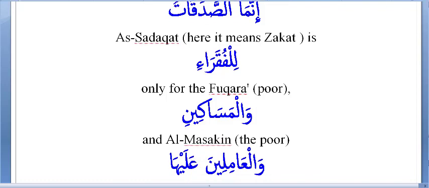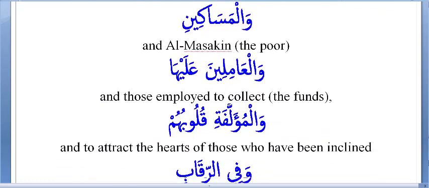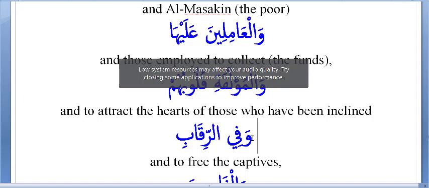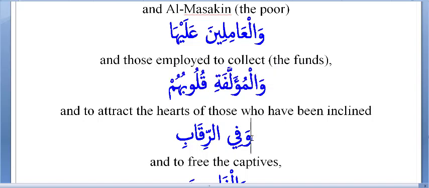والعاملين عليها, those who work to collect the zakah. والمؤلفة قلوبهم, those who are inclined to be Muslim or new Muslims, you pay for them. When he sees Muslims giving him money, he will like Islam more. وفي الرقاب, the slaves who want to free themselves, and the master said pay me that amount of money and you are free.